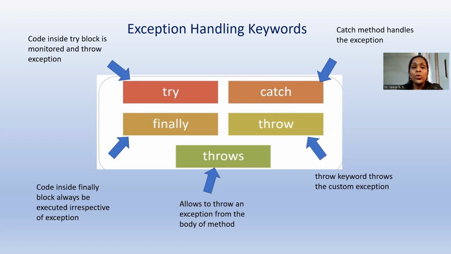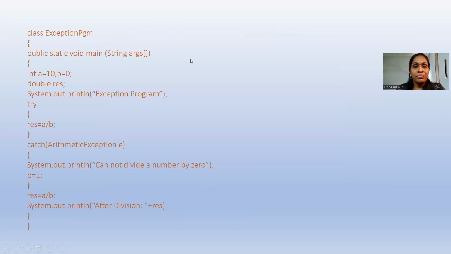If I want to throw a custom exception, that is a user-defined exception which the system doesn't know about, I can use throw as a keyword. If I don't want to write it explicitly and want the entire method to throw any exception, you can use throws as a keyword. So these are the 5 keywords which we can use for handling exceptions.